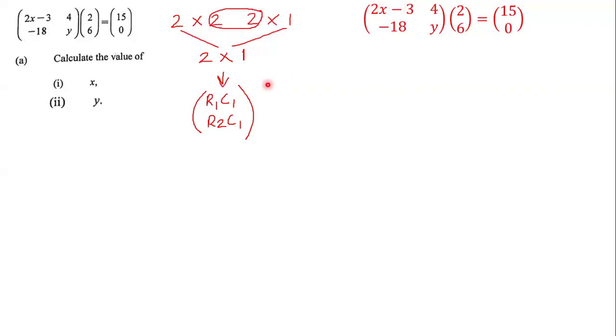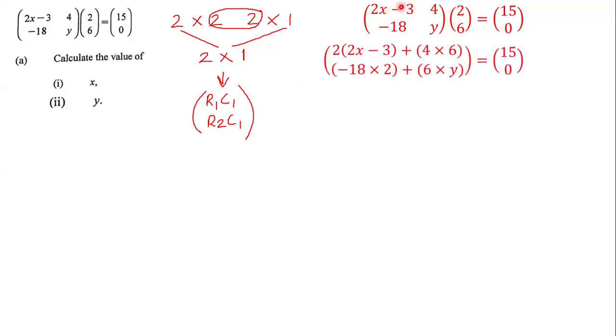The first thing that we have to do, according to this formula, is multiply row 1 by column 1. So this is row 1, and we have to multiply that by column 1. We have 2x minus 3 multiplied by 2.